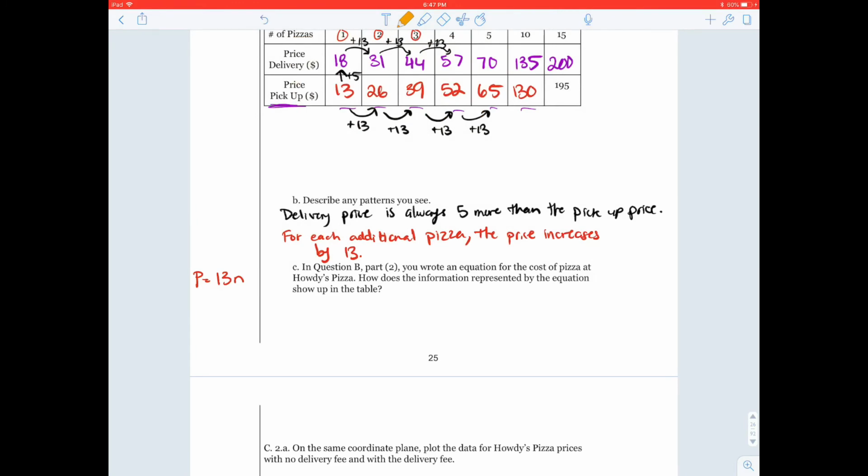Let's go ahead and label what each part of the equation means again. So N is the number of pizzas. 13 is the price of one pizza. Sorry, it's getting a little harder to write here. And then P is the total price.